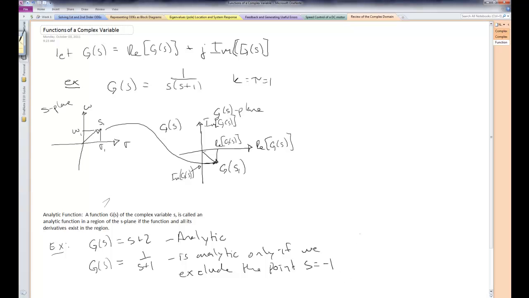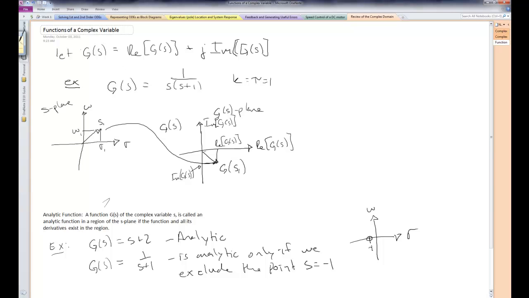We could draw that as the space sigma and omega, and then put a hole here at minus 1. That hole essentially represents the point we're not going to include, but we would include every other point in the space. This is important down the road when we start talking about transfer functions.